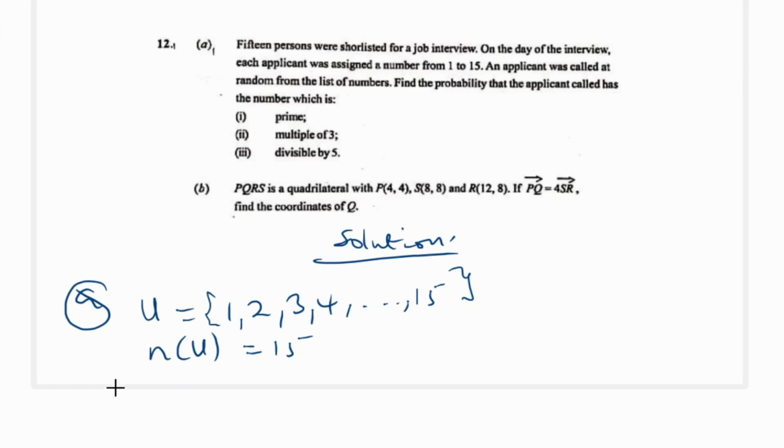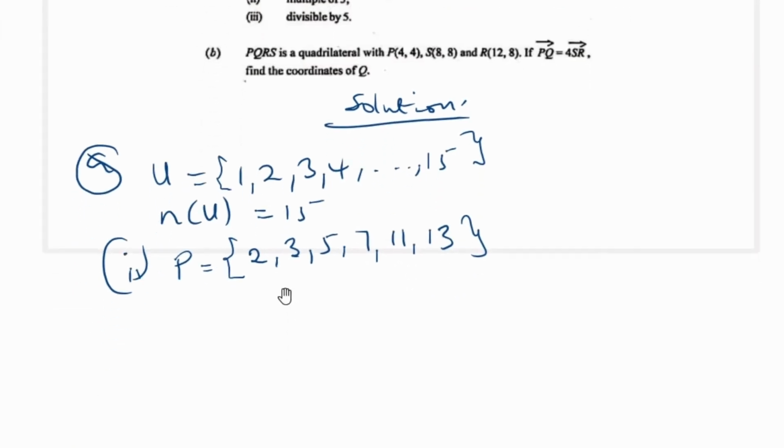Then the first part of the question, which is I, so we should find the probability of a number being a prime number. Let me call that set P and list the prime numbers in this: 2, 3, 5, 7, 11, and 13. The total number of members in this set is 6.